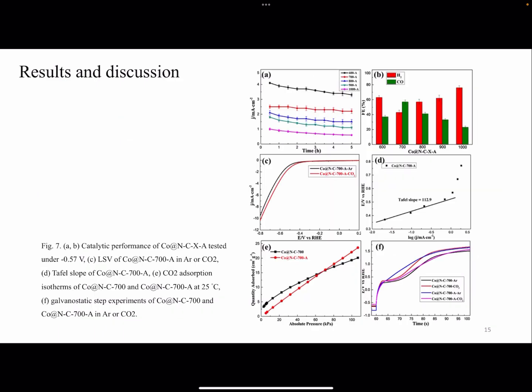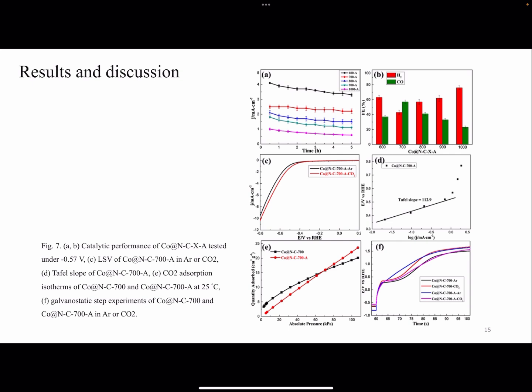And finally, let's look at the result of our acid treatment. We can see that the current density increased across all samples, and the stability also increased. Co@NC700A was significantly improved over 5 hours of operation. And for the best sample, the Faradaic efficiency for CO increased from 33% to 60%, while the hydrogen production dropped from 65% to 40%.